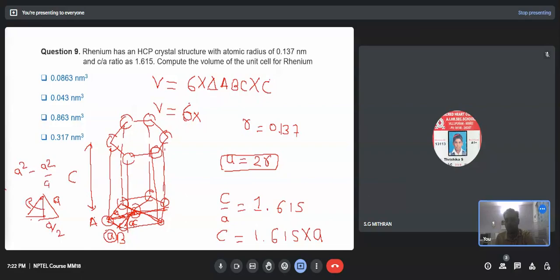So it will be root 3 a by 4. This value we'll keep here into C. Sorry, here A I missed.